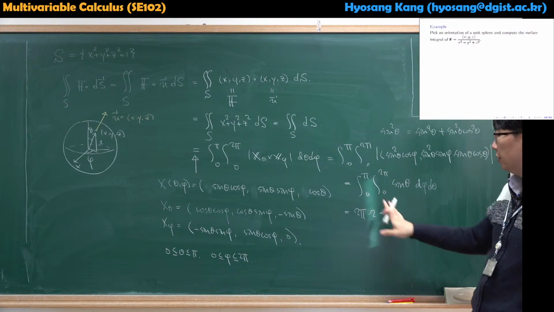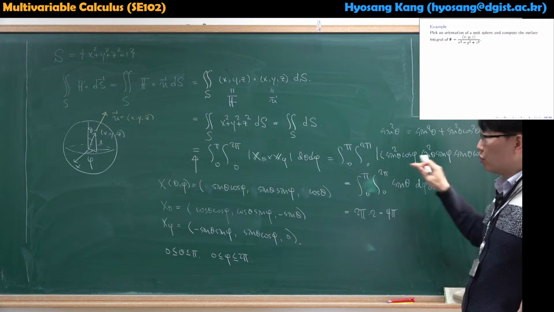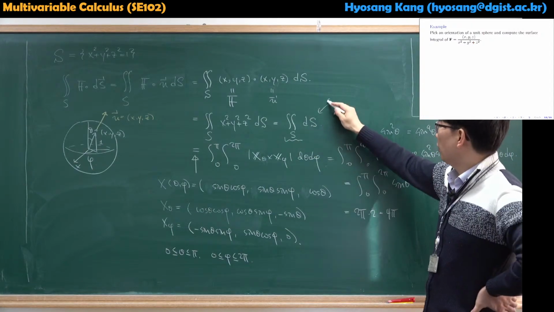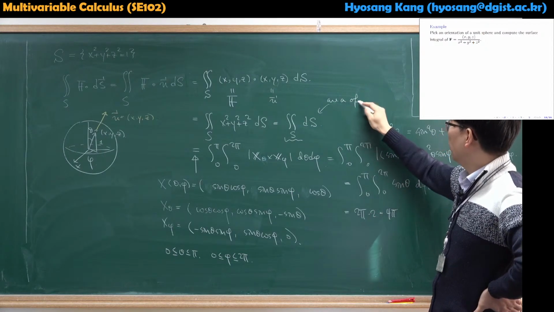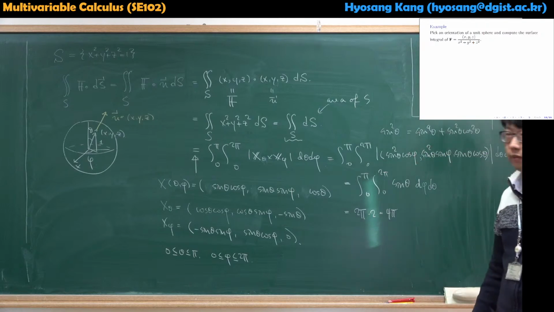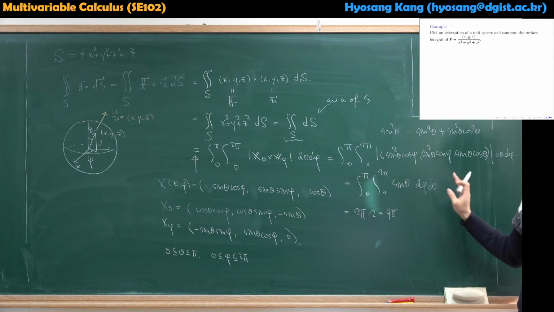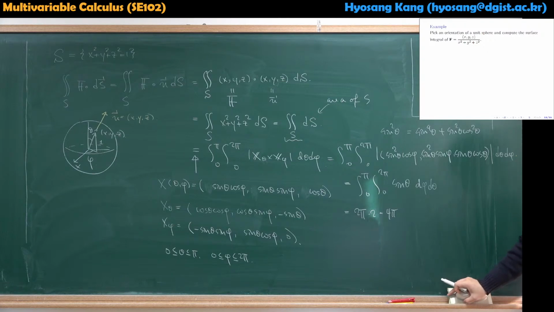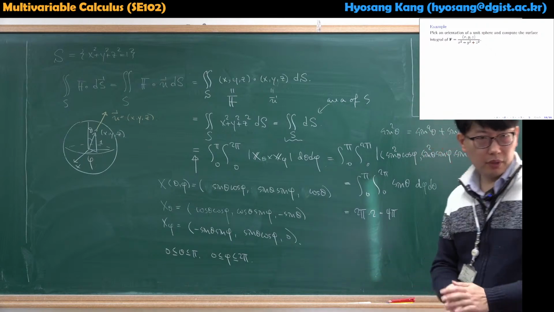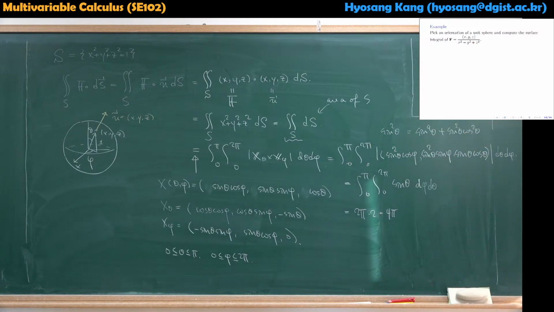You could skip this computation because using this notation, we basically know that this is the area of S, the unit sphere, so you immediately conclude that this is 4 pi. But I've done this calculation just to show you that the surface area can also be computed by the double integral. All right, so this is a very easy example. Let's do the problems.